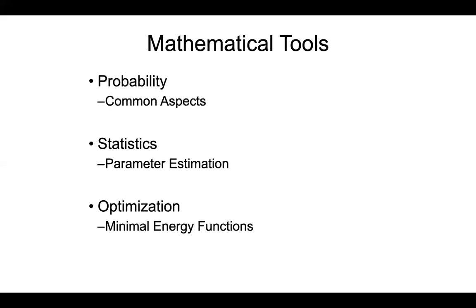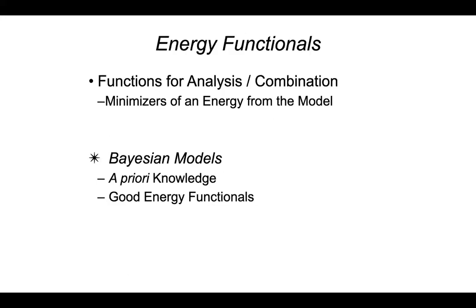And to really apply this, you want to get the best solutions. So we are going to use optimization in the form of minimal energy functions. And this fits very well into the deep learning and machine learning approach, right? And especially these energy functionals, because basically they are functions that are going to minimize some energy associated with the model, right?